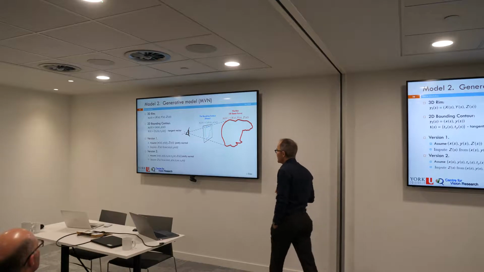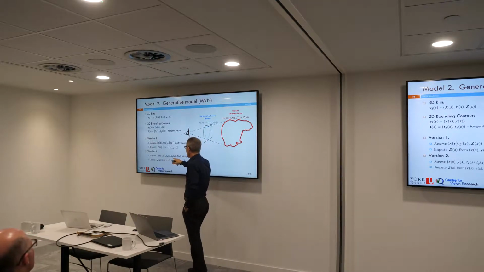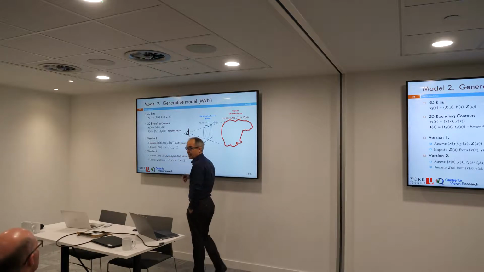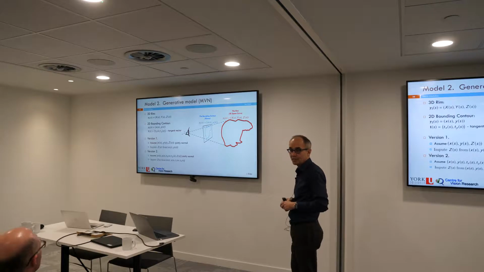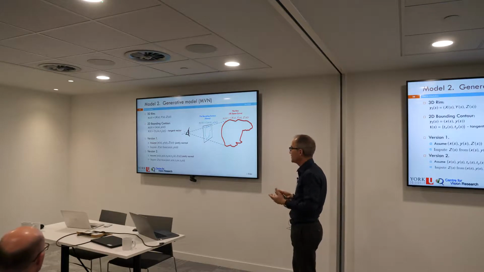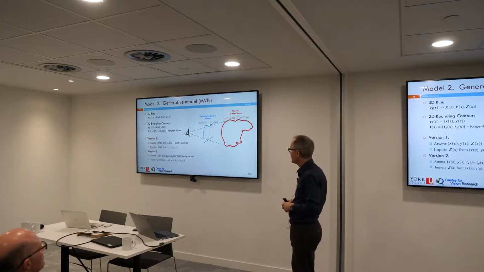And then version 2 is a slightly more sophisticated version where we develop a local Taylor series around the contour. So we just augment the observable space. You can think of that as trying to linearize the problem to give the multivariate normal model a higher dimension to capture the relationship between the shape of the object and the unknown z coordinate.